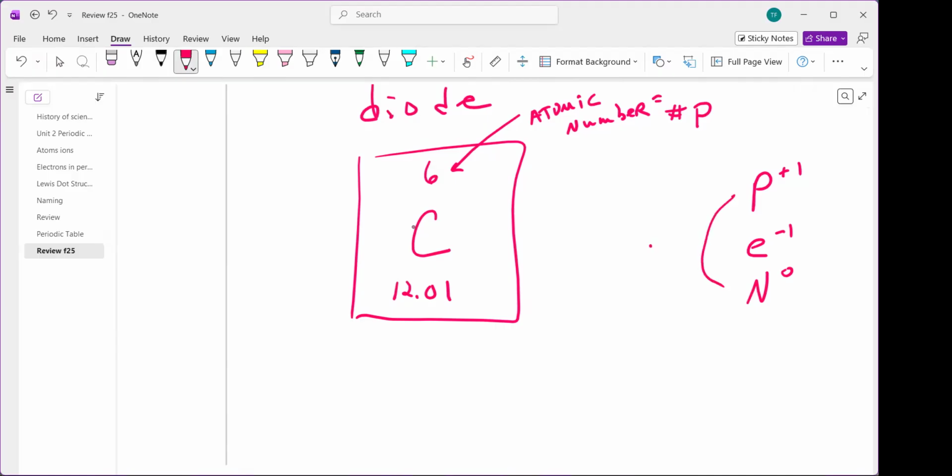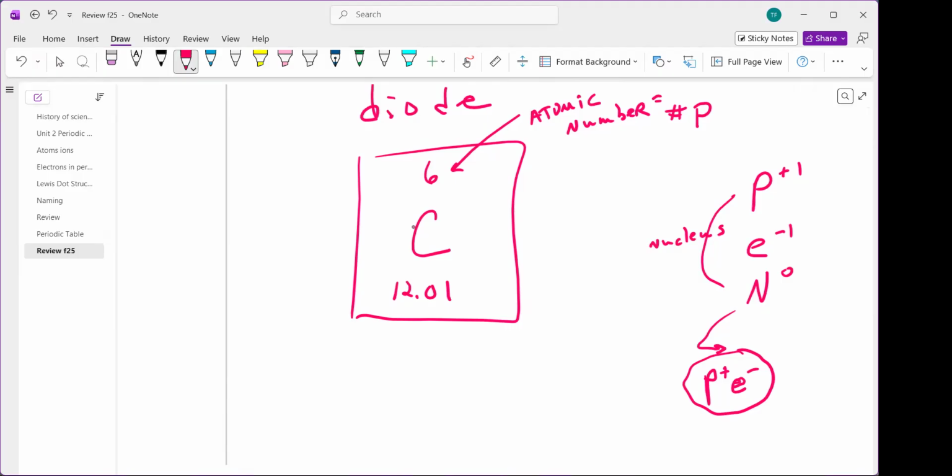These 2 are in the nucleus. Electrons are around the nucleus, except for one exception. The neutron is made up of a proton and an electron in one body.